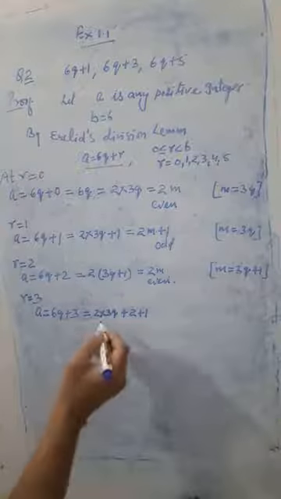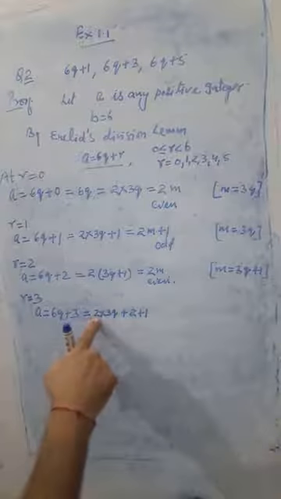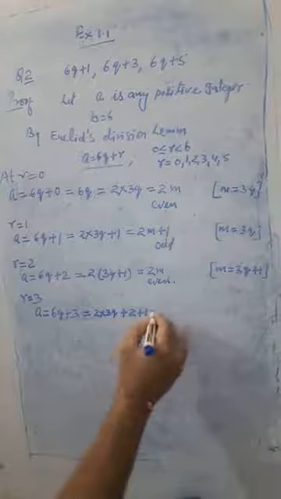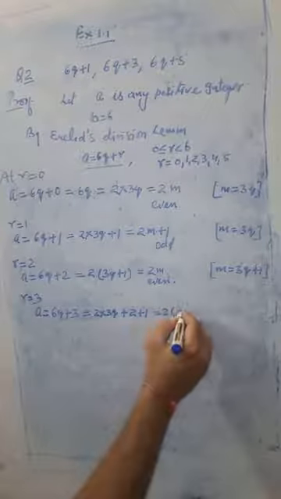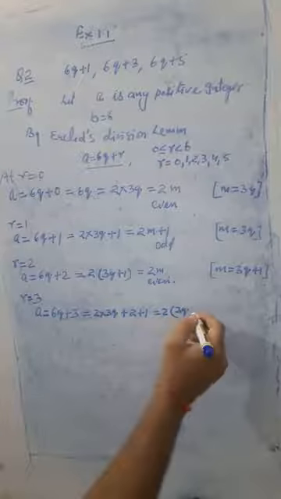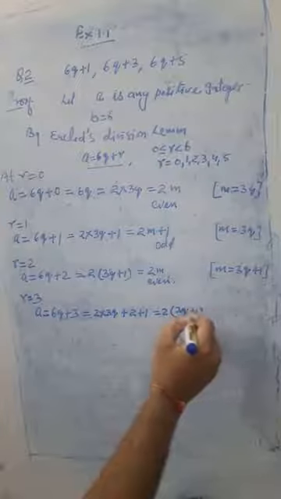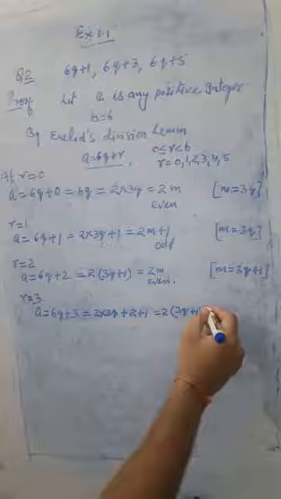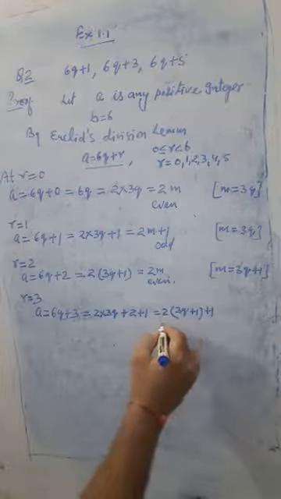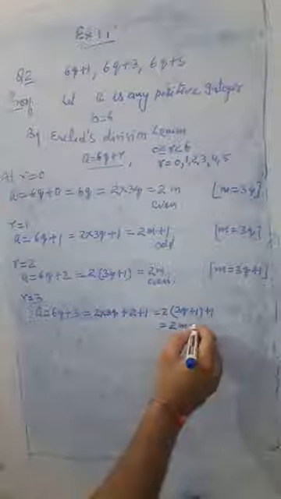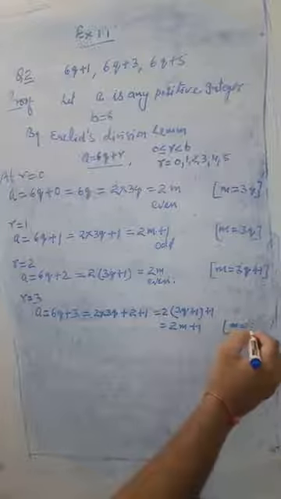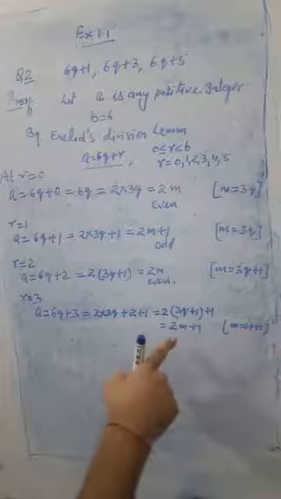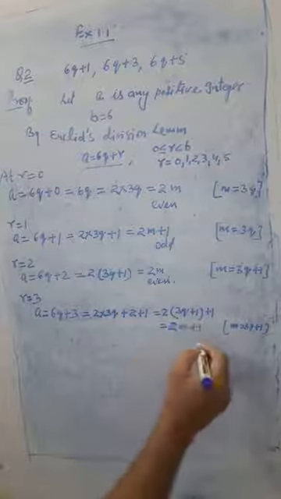So we can take 2 as common from the first two terms, and the remainder is 1. So we can write it as 2m plus 1, where m is equal to 3q plus 1. So 2m plus 1 is an odd number.